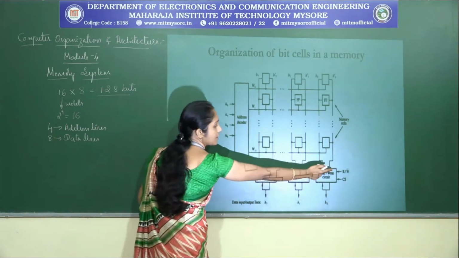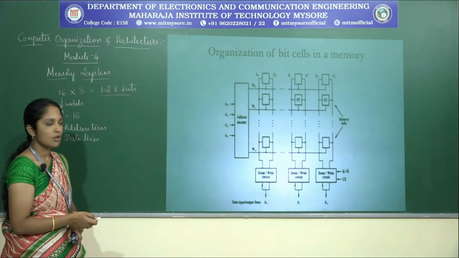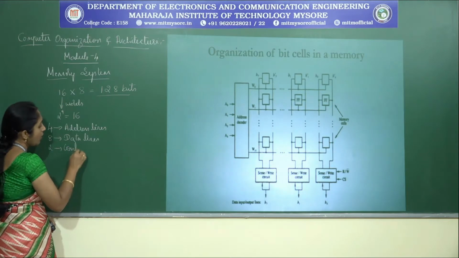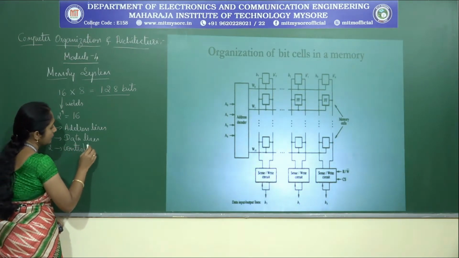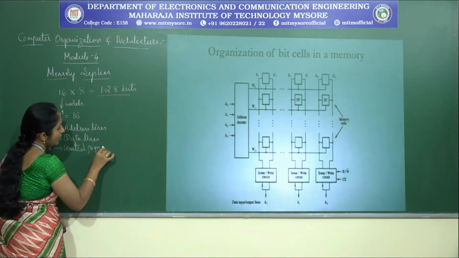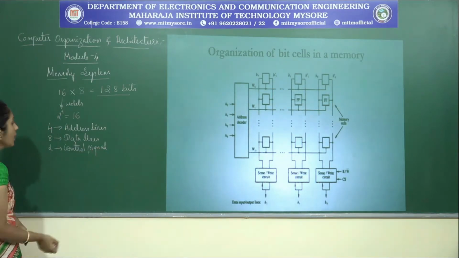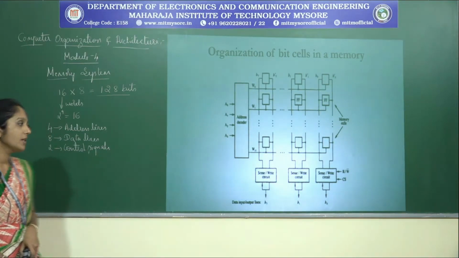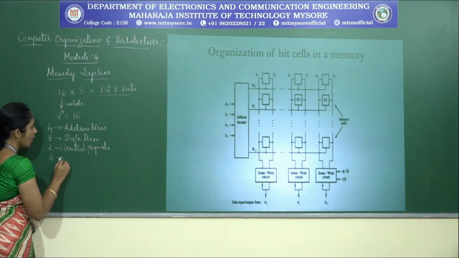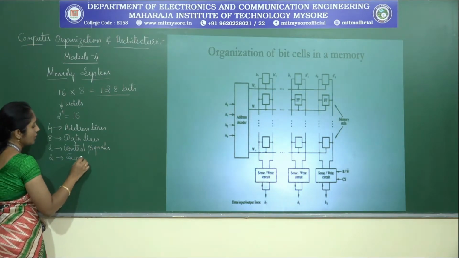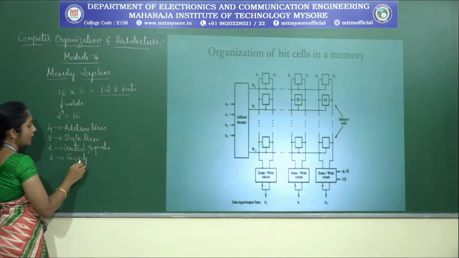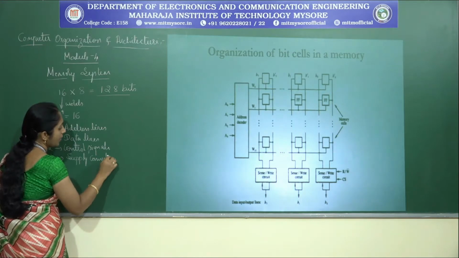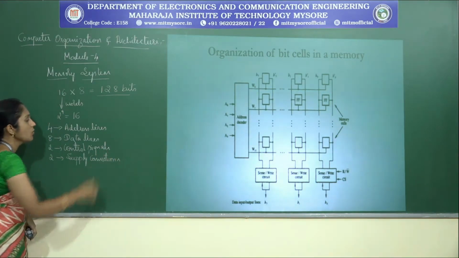Now if you consider the sense or write circuit, we have 2 control signals: one is read or write bar, and the other is chip select, CS. In addition to these lines, we require power supply connections, one VDD and the other a ground connection, so 2 supply connections.